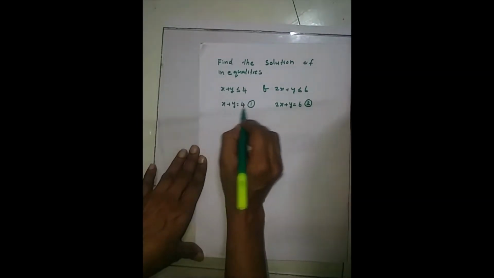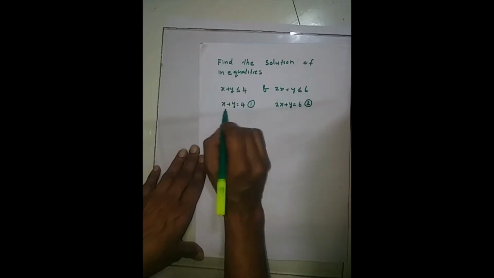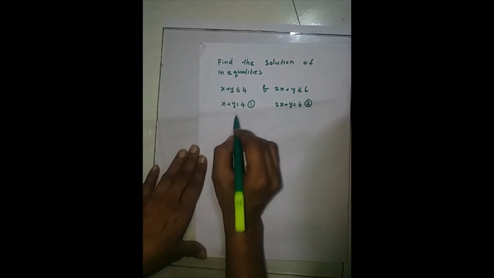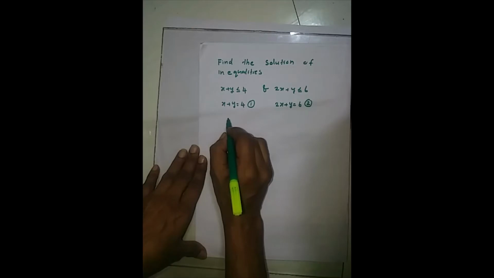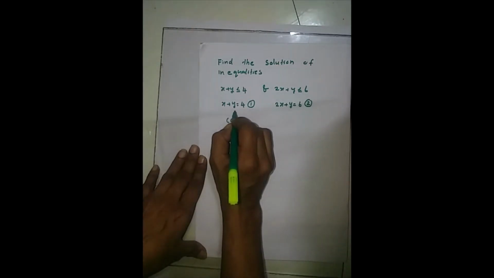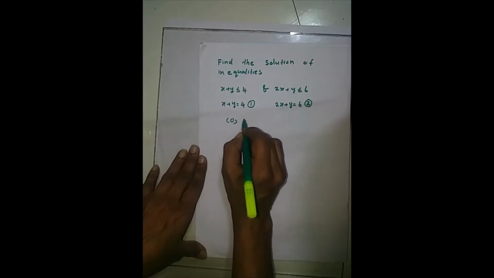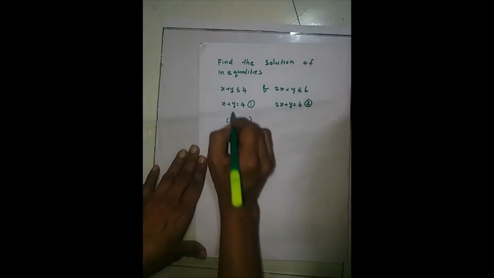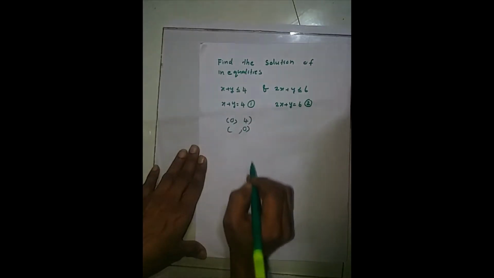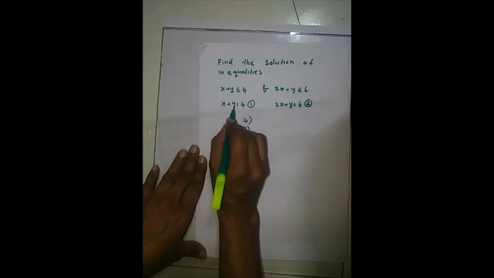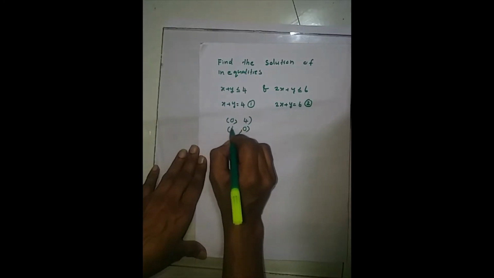So for drawing this line, we require 2 points of this line. For finding the 2 points, putting x equal to 0, you will get the y-intercept of this line, y equal to 4. Putting y equal to 0, you will get the x-intercept of this line, x equal to 4.